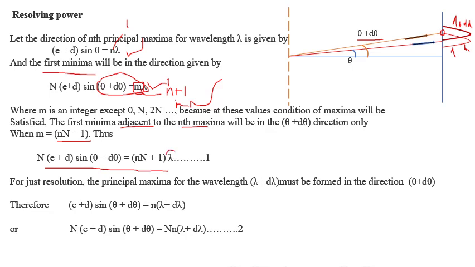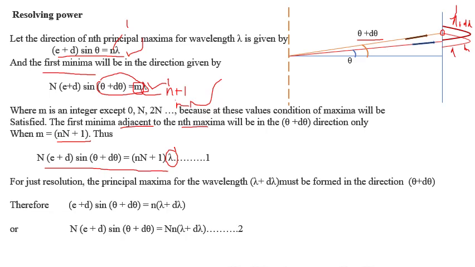Now we know that at the same position the maxima of lambda plus d lambda is also forming. The maxima is calculated by the grating equation, so here we just make some changes according to lambda plus d lambda. e plus d is the same, so we are not going to change it. Sin theta, sin is the same, but theta is changed, because the maximum of lambda plus d lambda is forming in the direction of theta plus d theta.